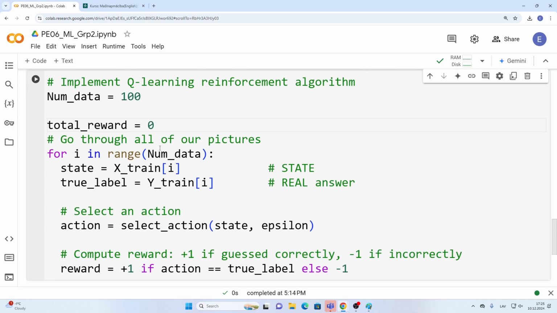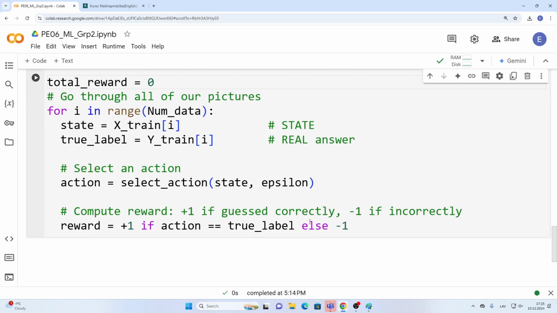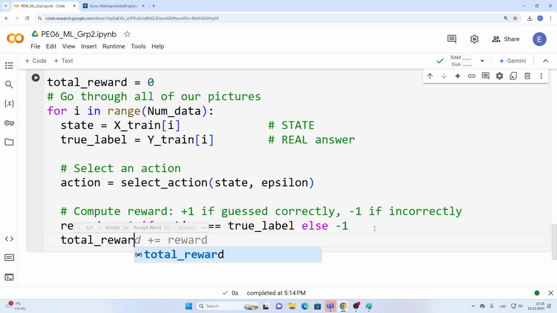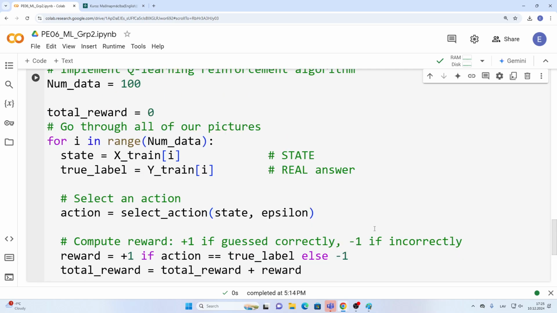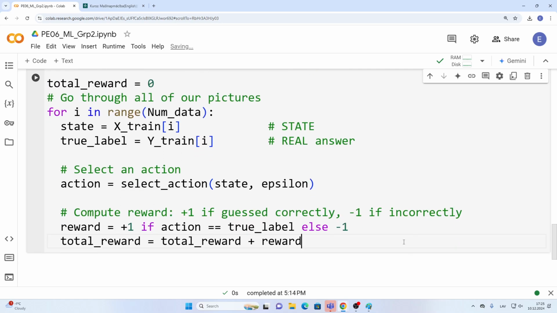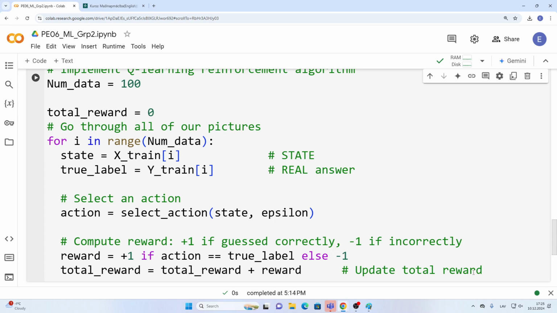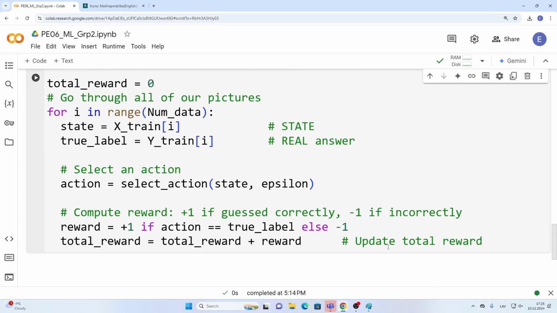And what we want to do now is after we make a prediction and get a reward, we add this reward to what has been before, plus reward. Yes, so we update total reward. And hence, if it guesses correctly, it increases. If it guesses incorrectly, it reduces.